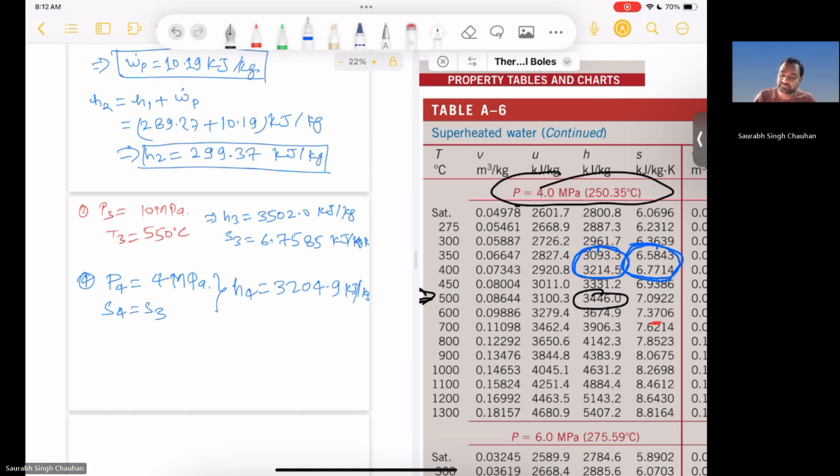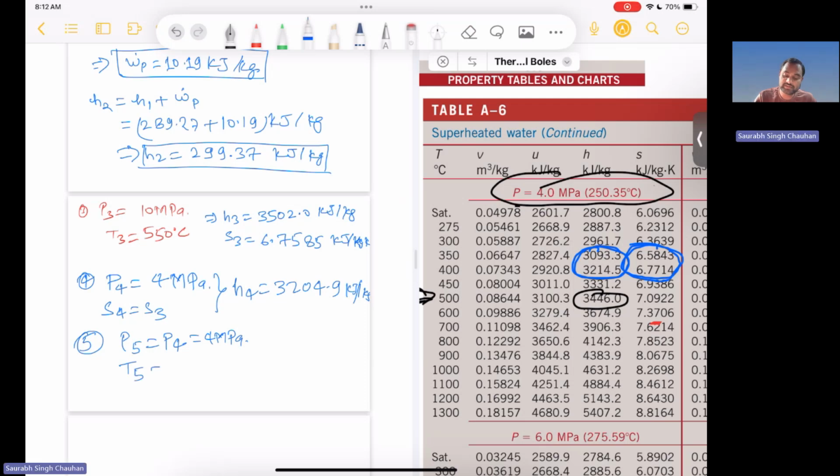Now coming to point 5. So 4 to 5 is constant pressure heat addition. So P5 will be equal to P4, right? And that is equal to 4 megapascal.